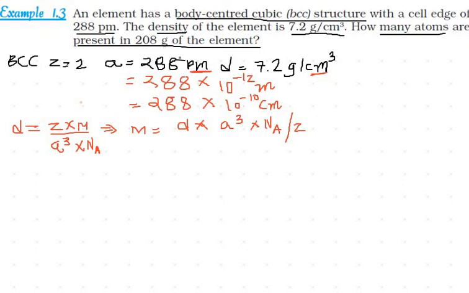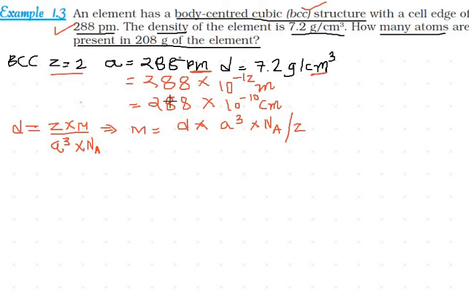Since I have been given the value of z, because it's a BCC structure, z is equal to 2. I have also been given cell edge length, that is 288 picometer, and I have converted this into centimeter. I have also been given D, that is 7.2 gram per centimeter cube.